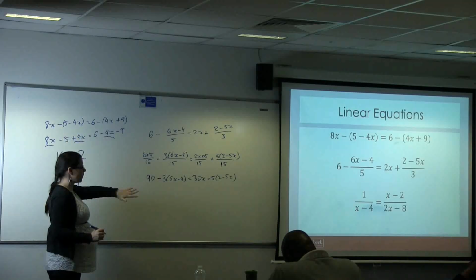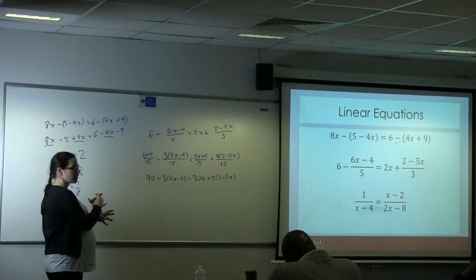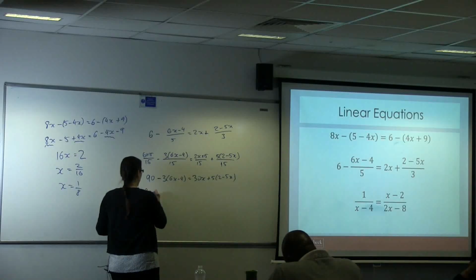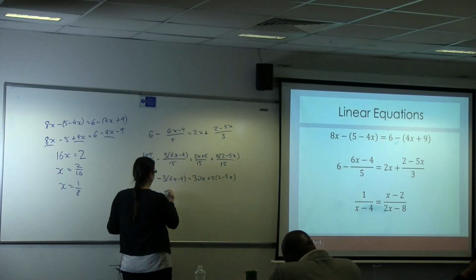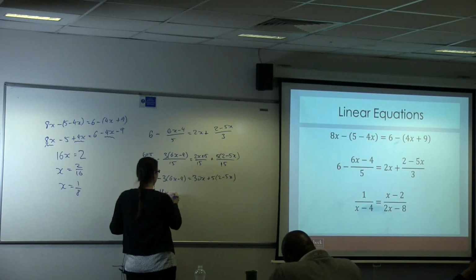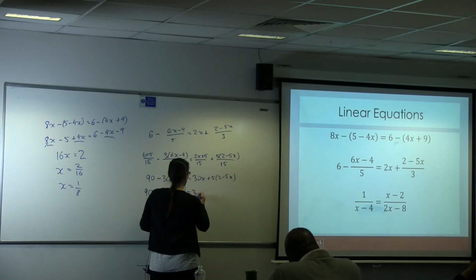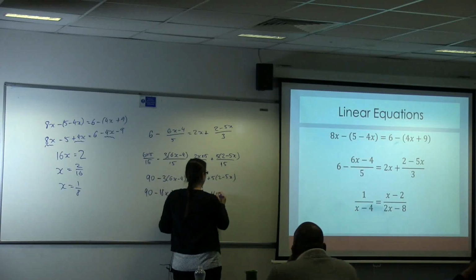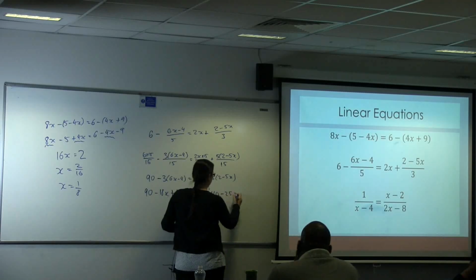So we just break up the brackets, bring all the x's together, and then find how much one x is. So 90 minus 3 times 6x is 18x, and negative times negative is positive, and 3 times 4 is 12. The next bracket, 2 times 5 is 10, and 5 times minus 5x is minus 25x.